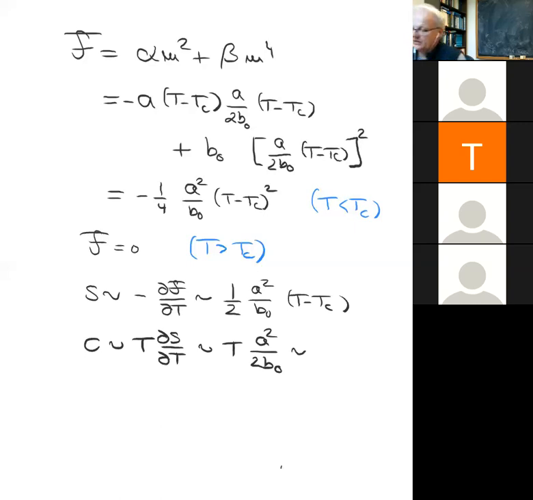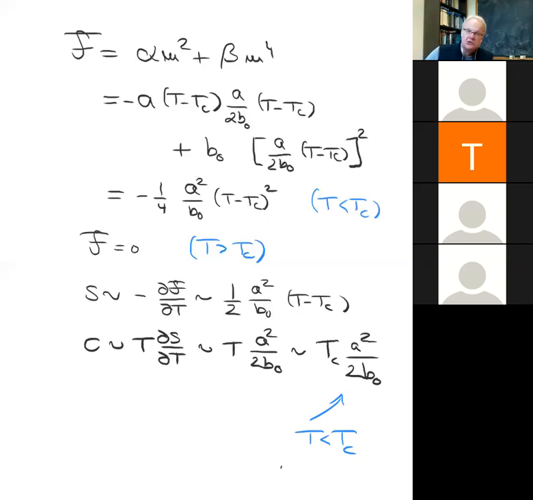And since in this expression, everything after all was really expanded around Tc, to the accuracy of this theory, this is just Tc a squared over 2b naught. Okay, and this is for temperatures, again, in the regime where the free energy is non-trivial. So this result is the specific heat for T less than Tc.